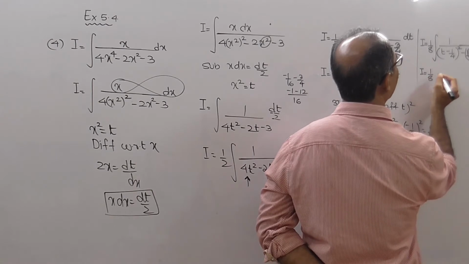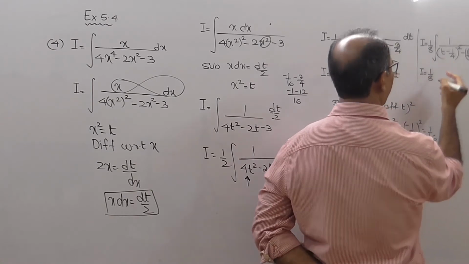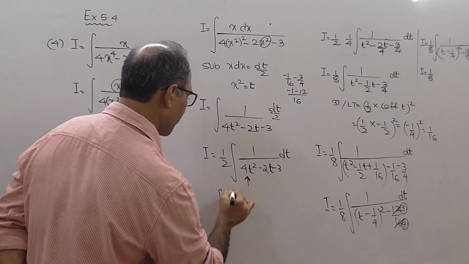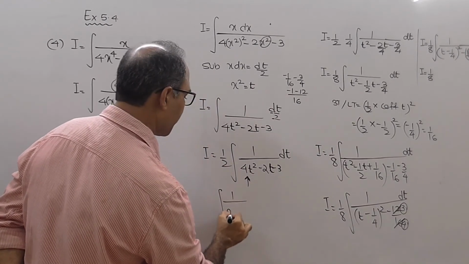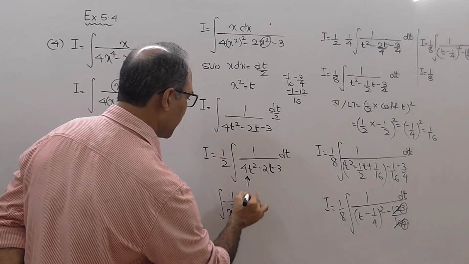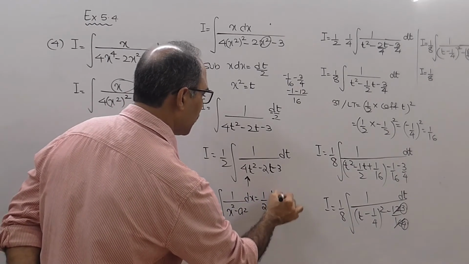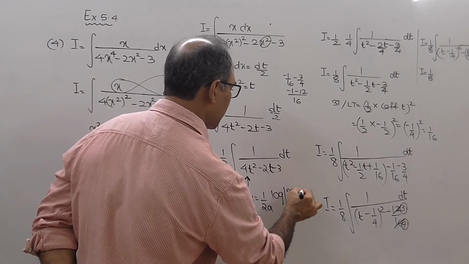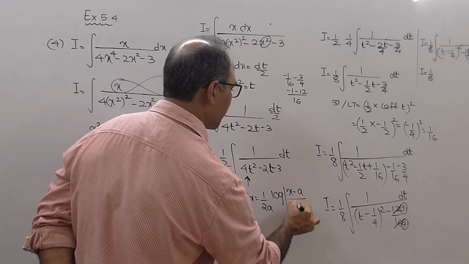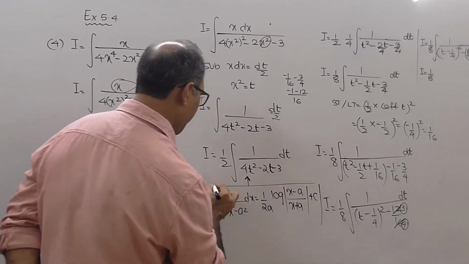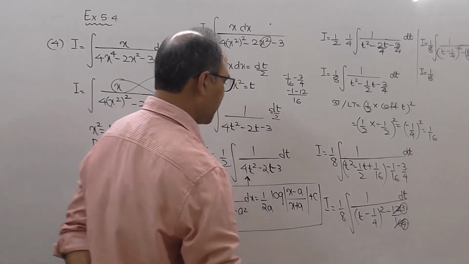1 upon 8. What is the integration of 1 upon x square minus a square dx? 1 upon 2a log modulus x minus a upon x plus a plus c. This is the formula for integration.